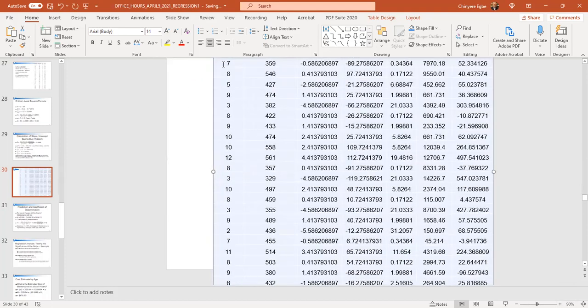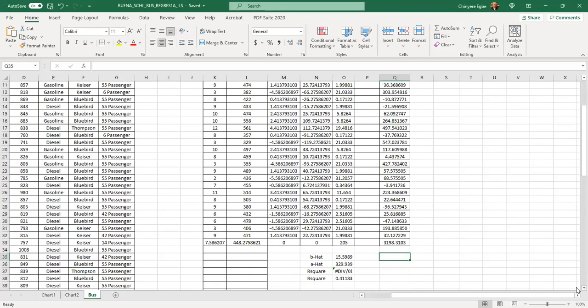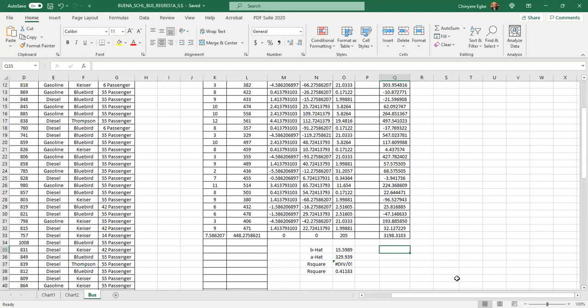So what I'm going to do is pull up the Excel spreadsheet. This is where we had the summation of x minus x bar times y minus y bar, but this is a different sample of data.